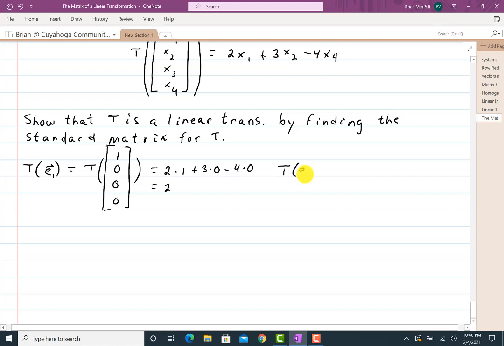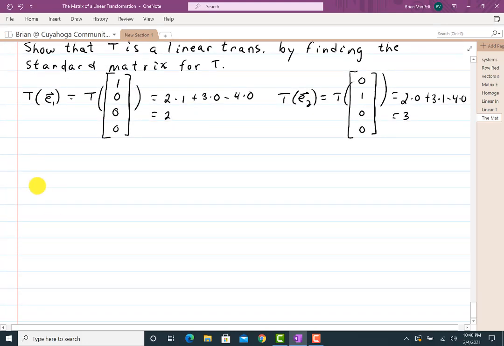T of e2 equals T of, this time, a 1 in the second spot. And so x1 is 0 this time, so we have 2 times 0 plus 3 times 1 minus 4 times 0, and that's equal to 3.